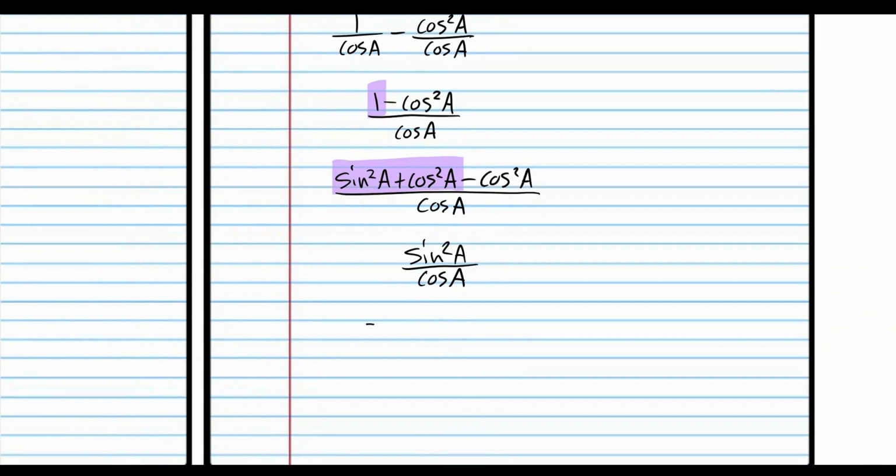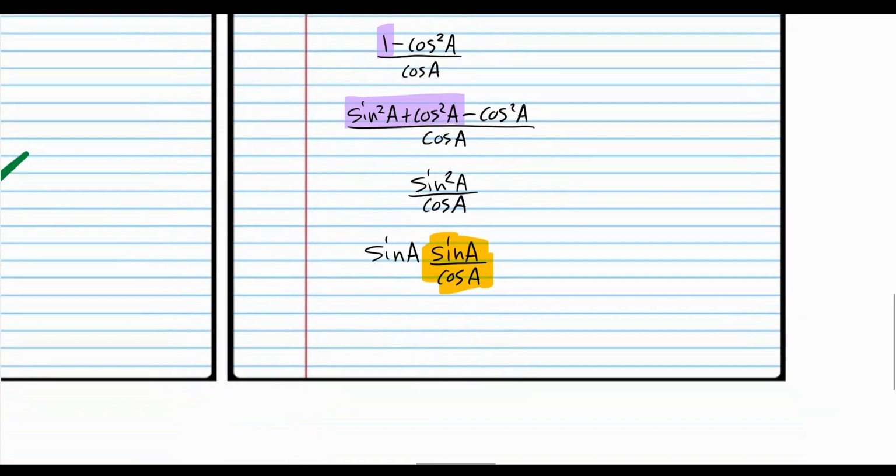We can then factor out the sine A. Sine squared A is the same thing as sine A times sine A. Then we can use a ratio identity. That becomes tangent A. So we're left with sine A times tangent A. And that's what we're trying to prove.